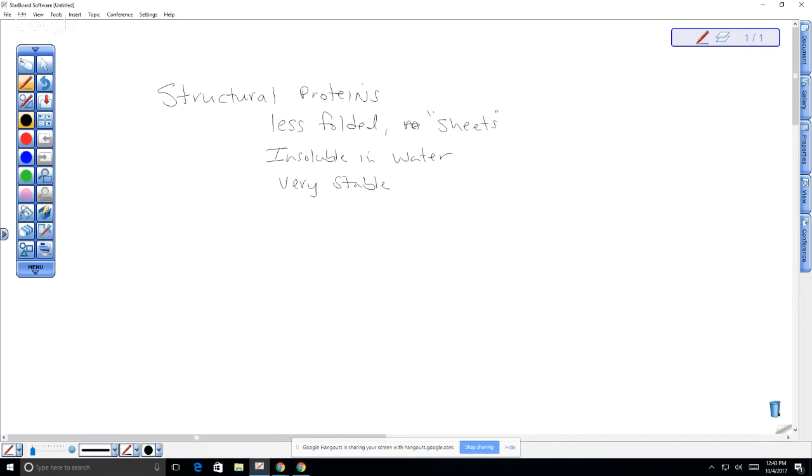It's keratin. Okay, so keratin, that is hair, nails, outside skin. So that is a structural protein.